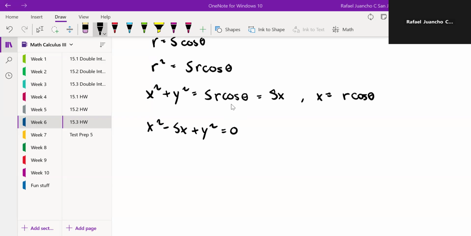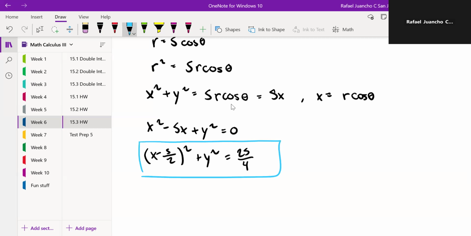So that's going to give me x minus 5 halves squared plus y squared equals 25 over 4. And so it's basically a circle with some center 5 halves, 0 and a radius of 5 over 2. So that's the idea behind that.